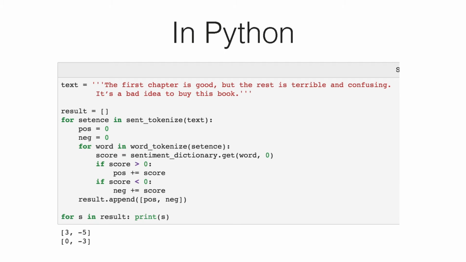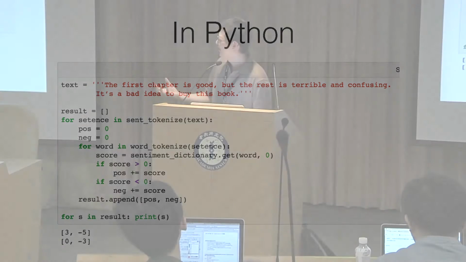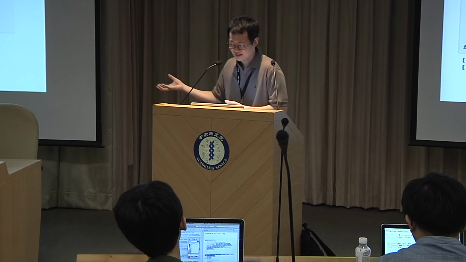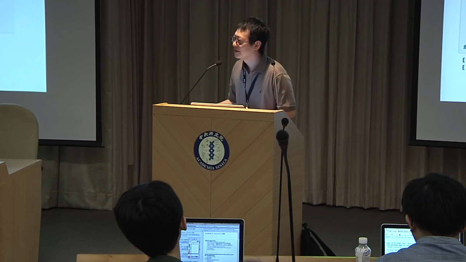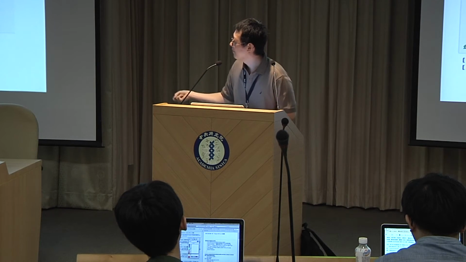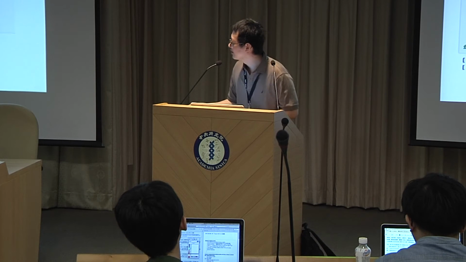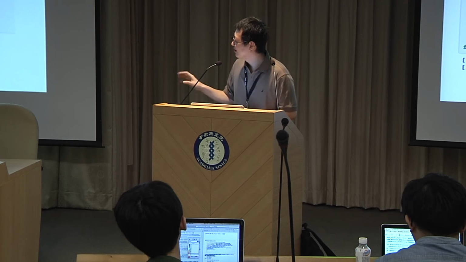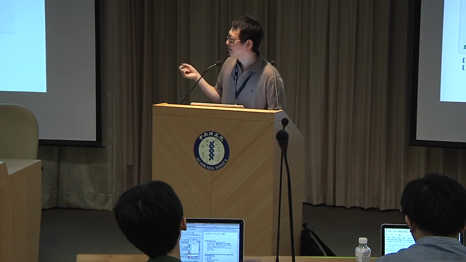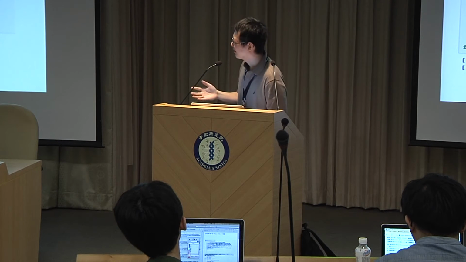So in Python, when you get a score from the sentiment analysis, if it's larger than 0, we add 1 to the positive count, and if it's negative, we add 1 to the negative count. Finally, the first sentence gets positive 3, negative -5. The second sentence contains no positive words and -3 negative.